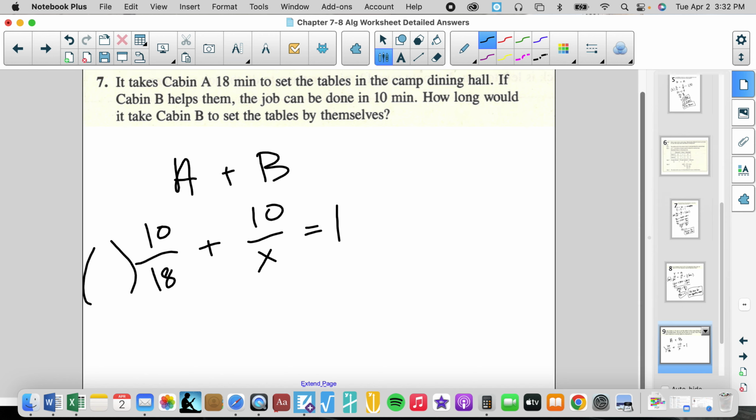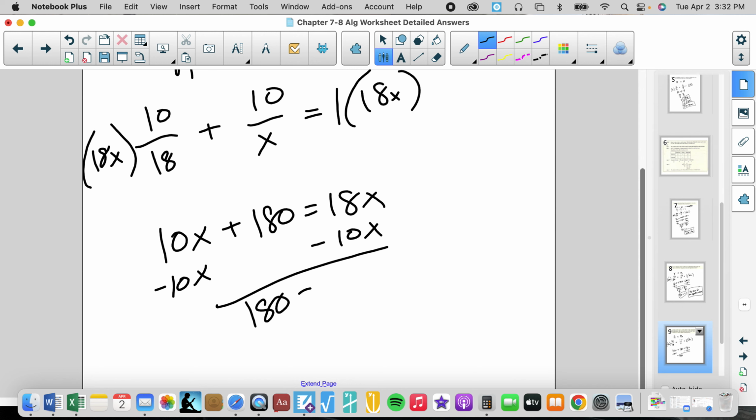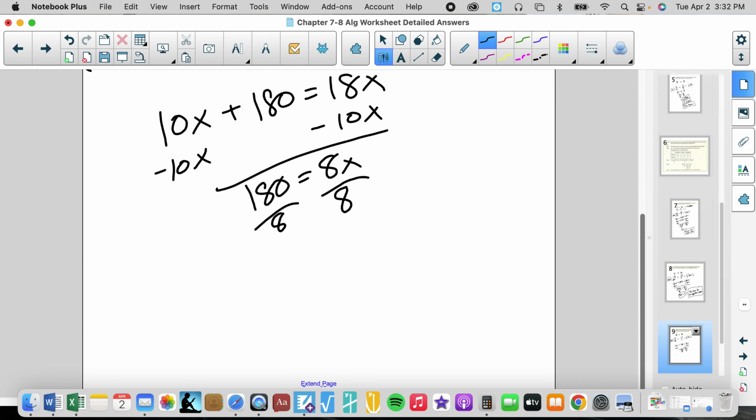So we're going to multiply everything by 18x. That gives me 10x plus 180 equals 18x, minus 10x, minus 10x. 180 equals 8x, divided by 8, divided by 8. 22.5 equals x.